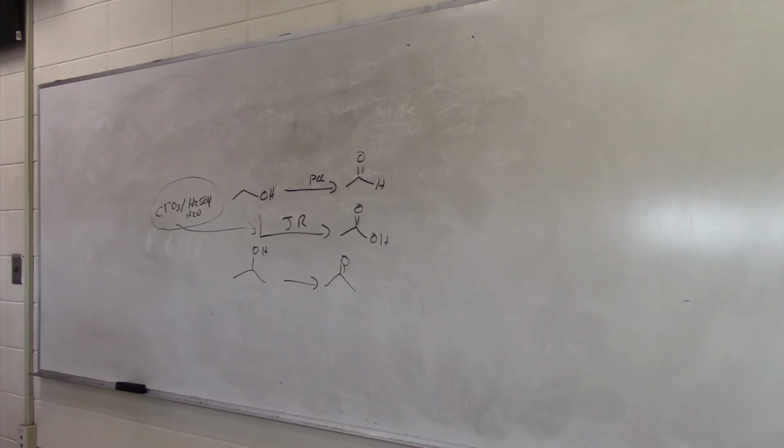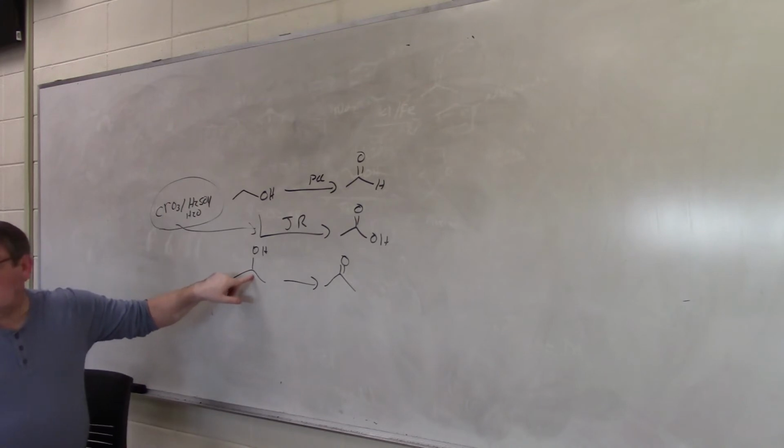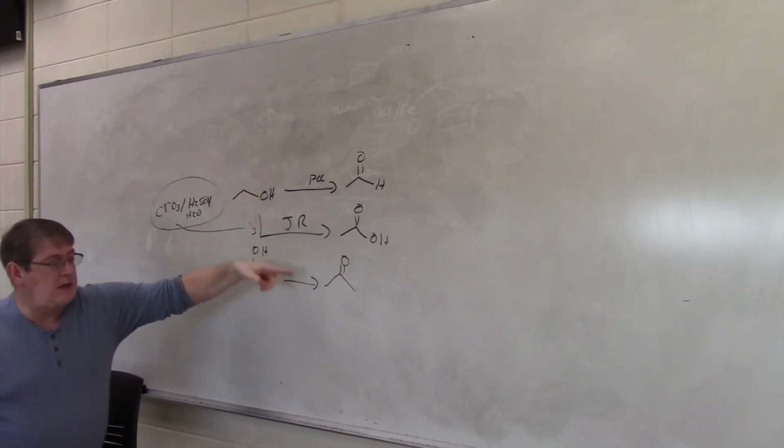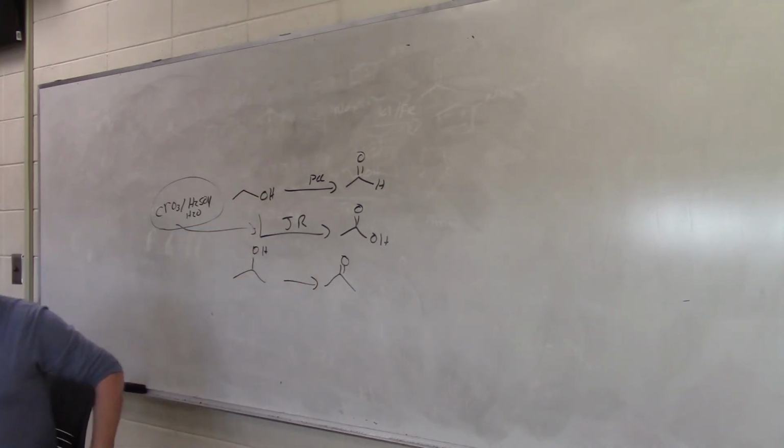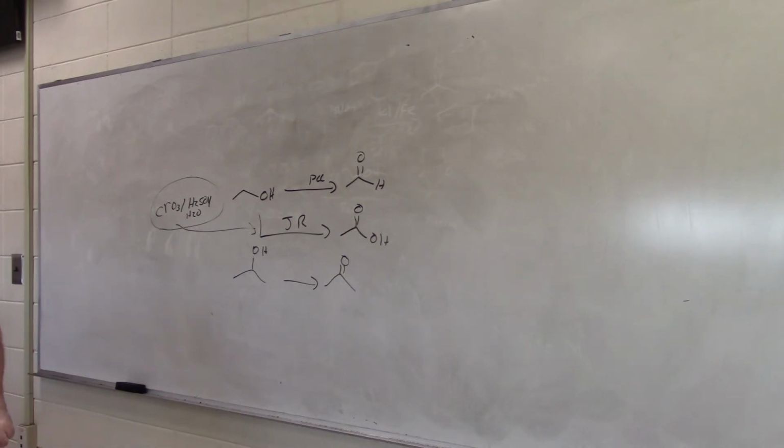The secondary alcohol: either one of these can make a ketone, PCC or Jones reagent, both work equally well. It's the primary alcohol you have to be careful with, because it can give you either an aldehyde or a carboxylic acid, depending on the reagent you use.